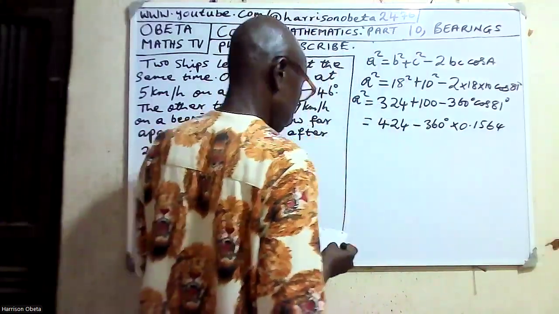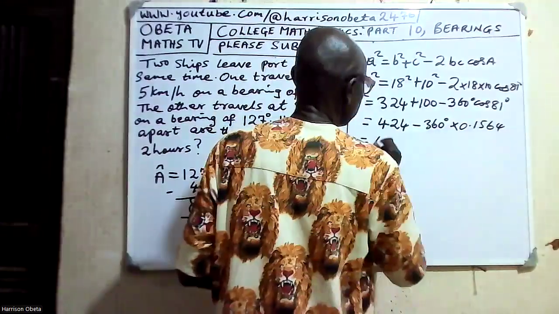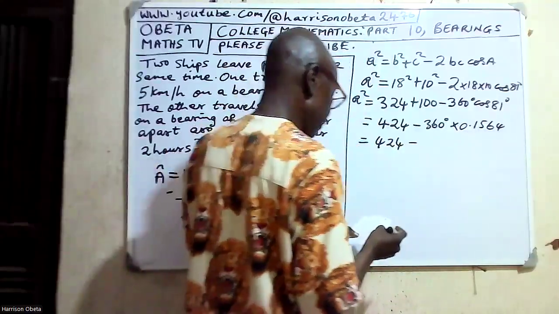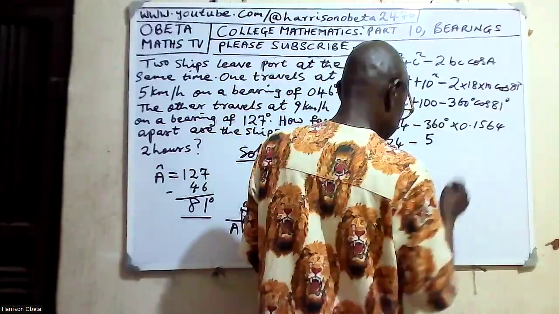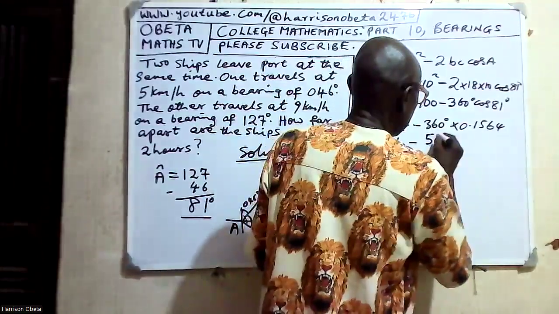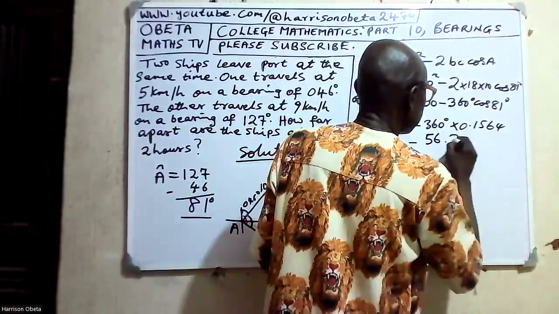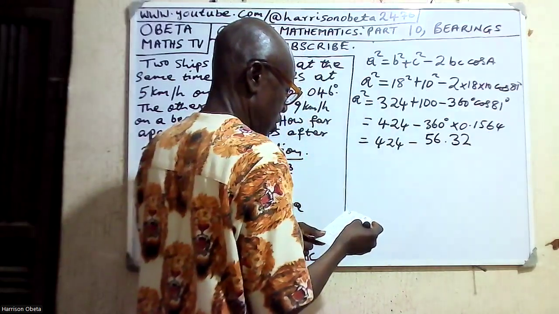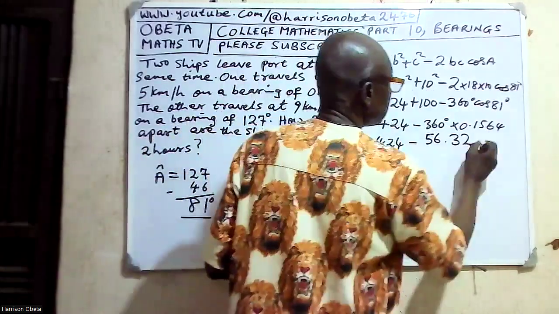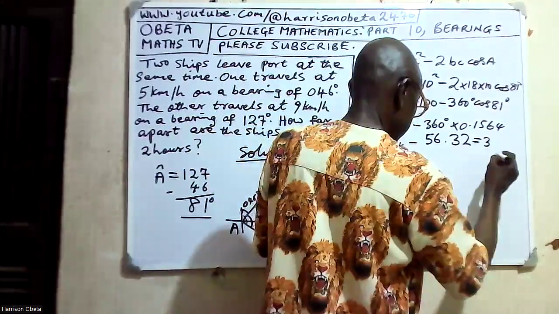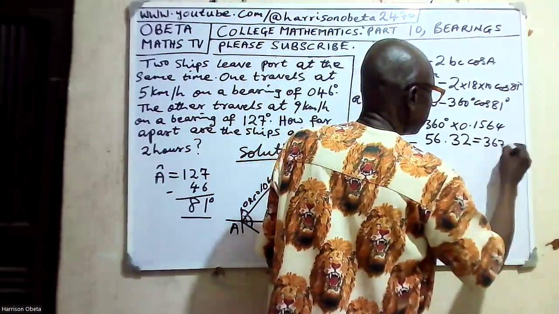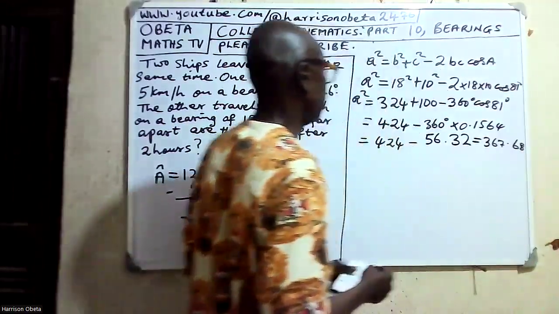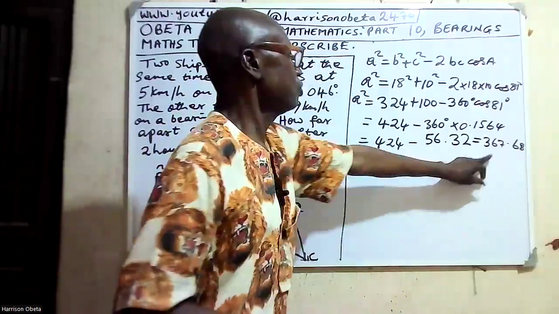Now, moving on, you multiply, and that will give us 424 minus, when you multiply, you have 56.32. And then after the subtraction, you have 367.68.